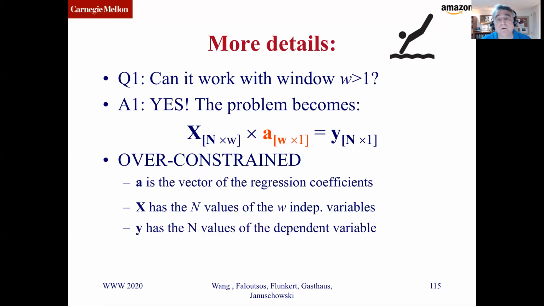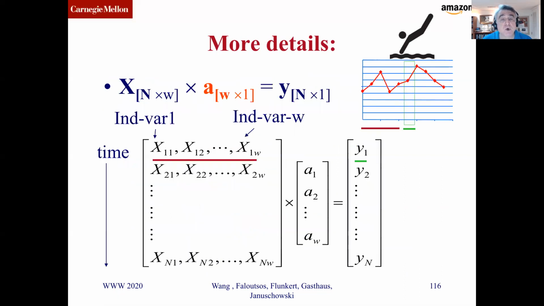Let me continue the deep dive and show how we could turn the forecasting problem into a matrix algebra problem. Suppose we decide on a window of 5. We have the first 5 days and their temperatures. They form the first equation. The value we want to guess is the green value, let's call it y1.